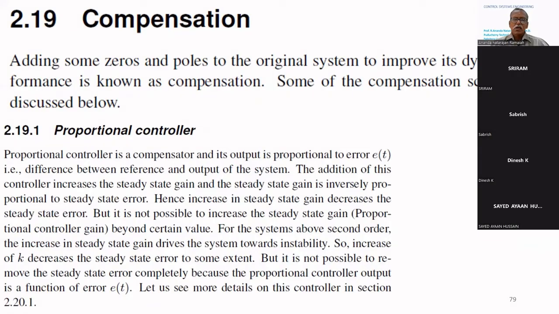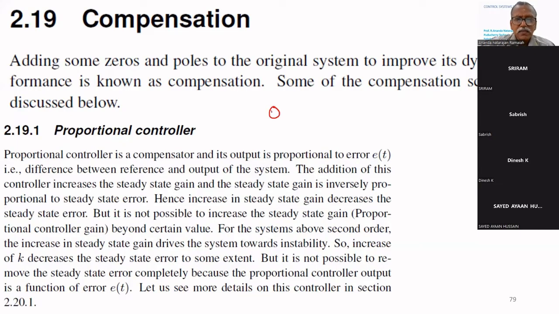Compensation means adding some zeros and poles to the original system to improve its dynamic performance. That is called compensation. Already we have seen the proportional controller, which is one of the compensations.